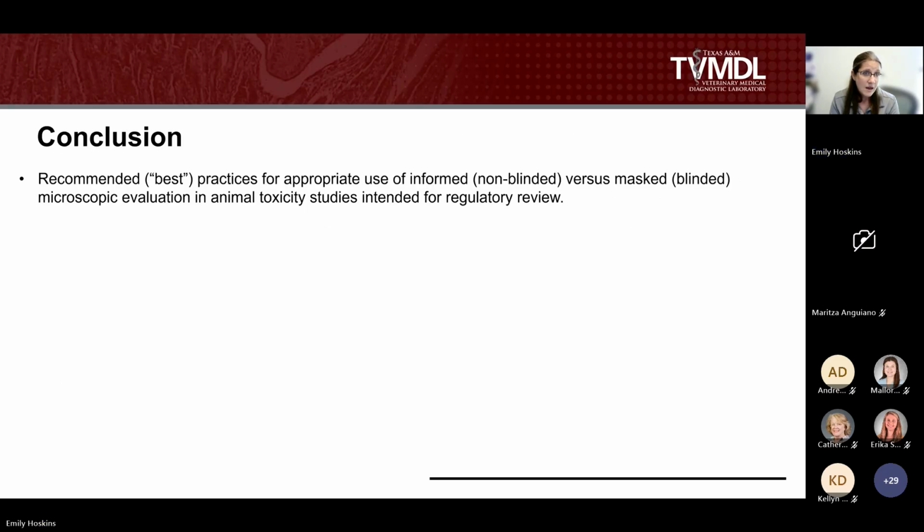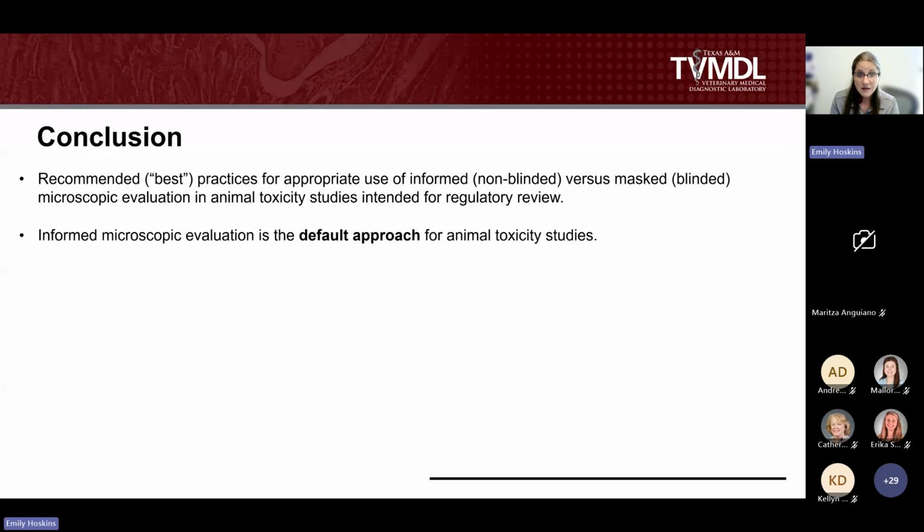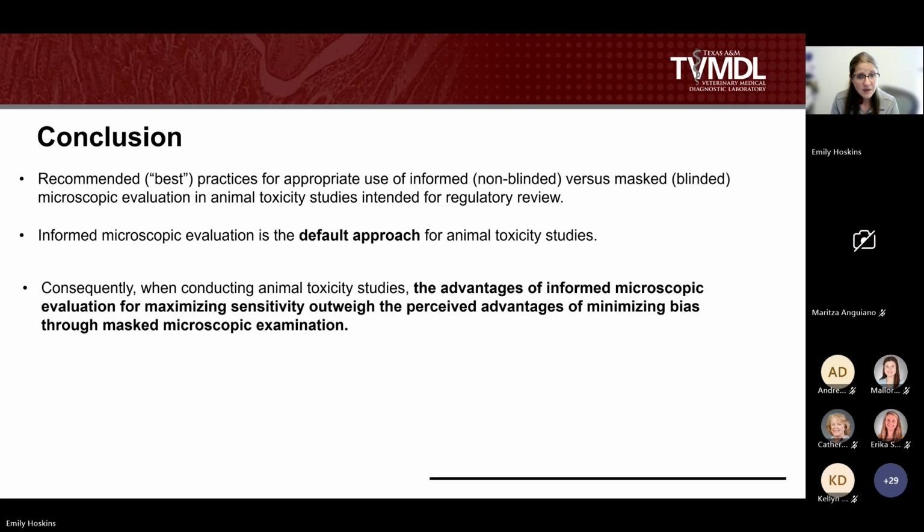And so they concluded that the recommended best practice is that informed microscopic evaluation is the default approach for animal toxicity studies. And the idea behind this is that the advantages of informed microscopic evaluation for maximizing sensitivity outweigh those perceived advantages of minimizing bias through masked microscopic examination.